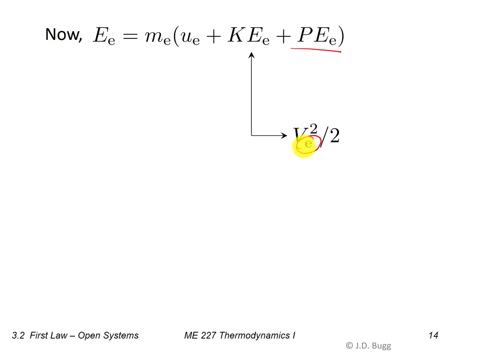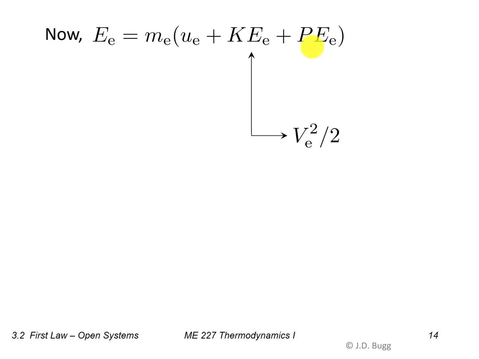Remember that the kinetic energy of an object, if you pick something up and chuck it across the room, its kinetic energy is 1/2 mv squared. Well, its kinetic energy per unit mass would be that divided by its mass, so that's just v squared over 2. Likewise, we want to do a similar thing with the potential energy.